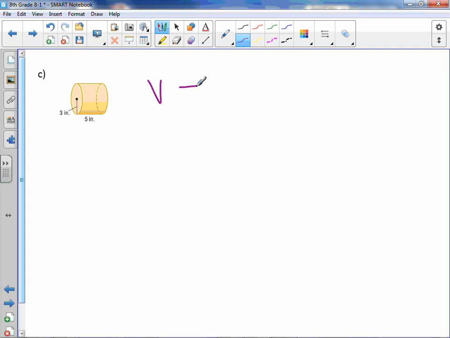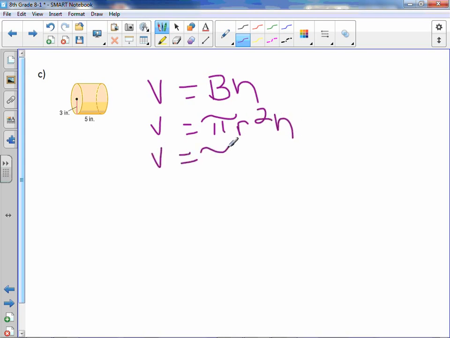Letter C, volume equals capital BH, which is pi r squared h. Volume equals pi radius squared times 5. This is our radius. This is the height of the cylinder. You always know where the radius is because it's on the circle part of our cylinder.